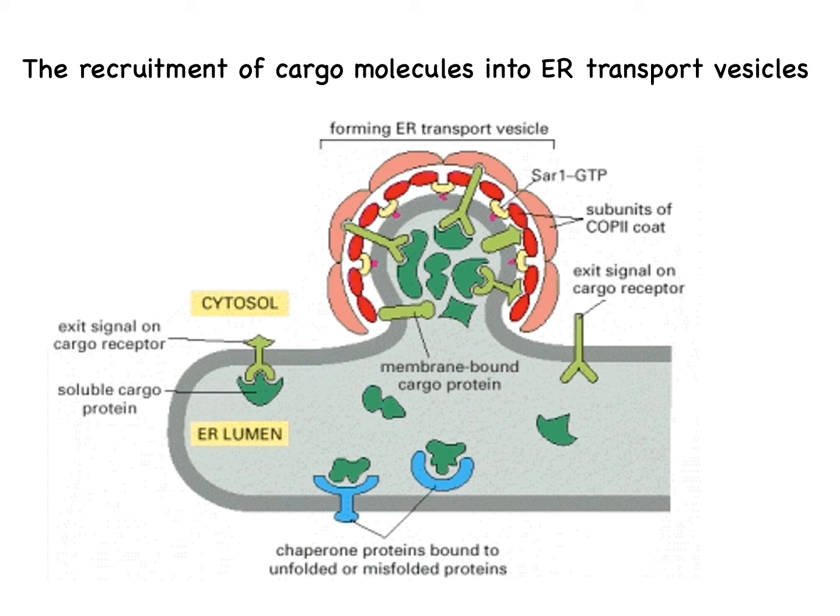So this picture shows the formation of a transport vesicle, and you can see, down at the very bottom, these chaperone proteins that hold what's called the cargo protein, or the protein that's going to be transported somewhere. If they're soluble, they're sometimes bound to a receptor on the surface.